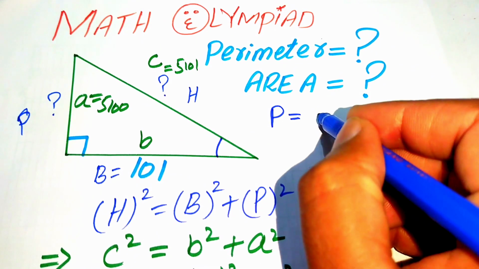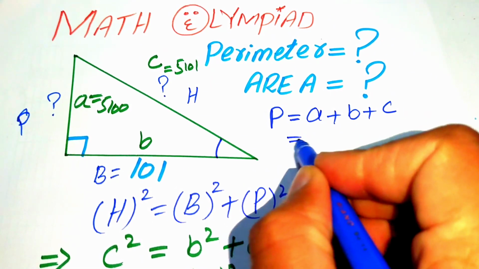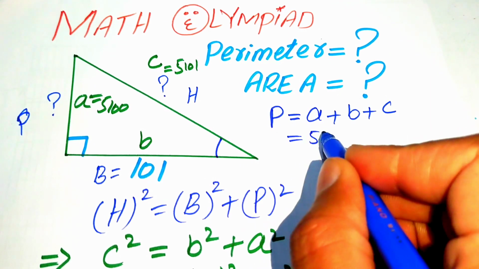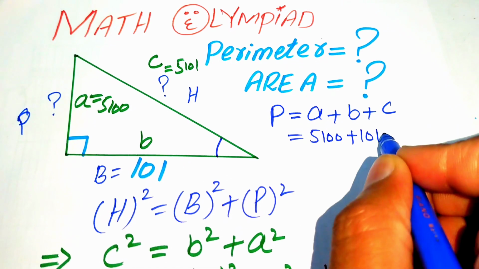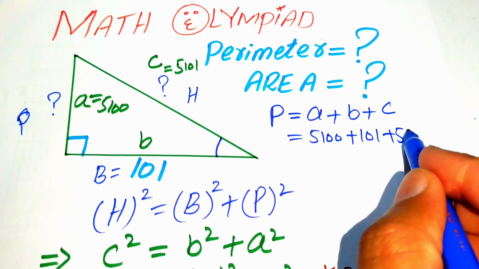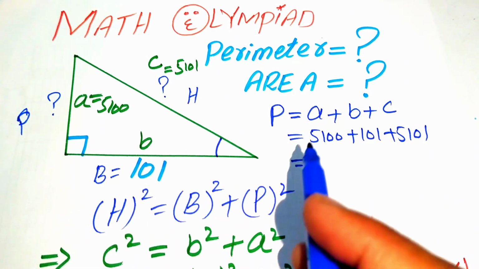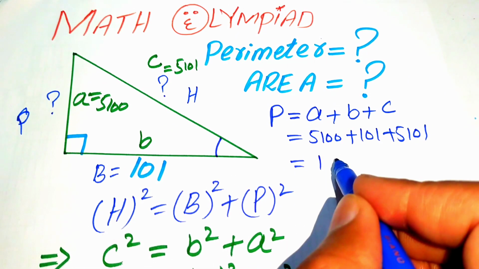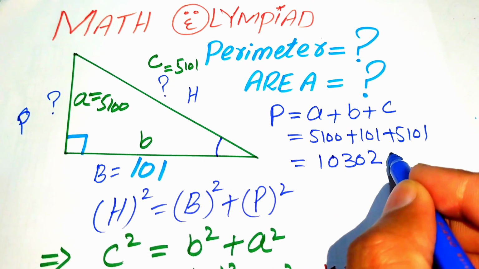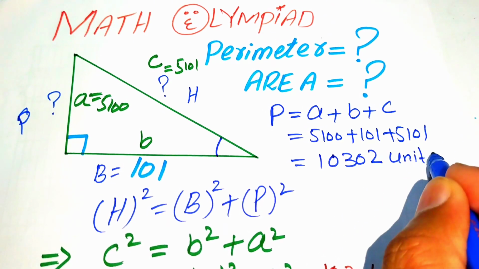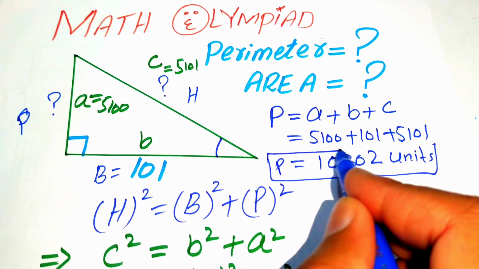So we have all sides denoted by a plus b plus c, and the value of a is 5100 and the value of b is 101 and the value of c is 5101. So now we add all these values and you get 10302 units. So this is the perimeter of the given triangle.